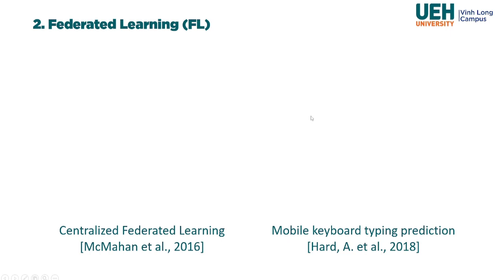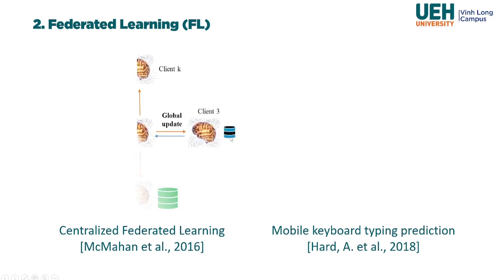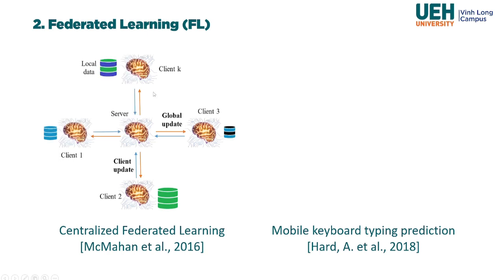So to deal with that problem, federated learning was born in 2016 by McMahan, a computer scientist at Google. He invented centralized federated learning as shown in the figure on the left, with a server and a huge number of clients.